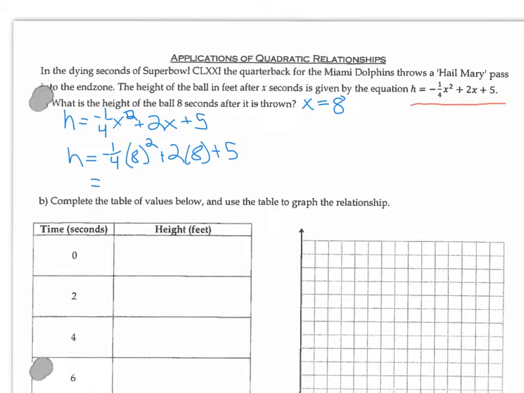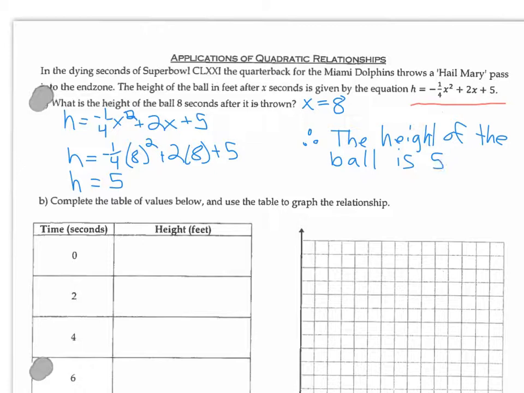Plug this into your calculator all in one shot if you have a scientific calculator, and we learn that h equals 5. Because it's a word problem, we have to finish with a therefore statement, and this funny 3 dots is the symbol for therefore. So we're going to say therefore the height of the ball is 5 feet.